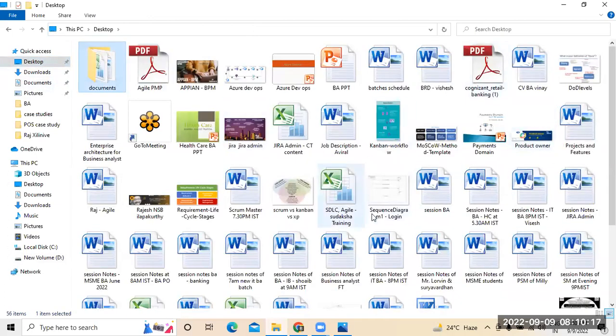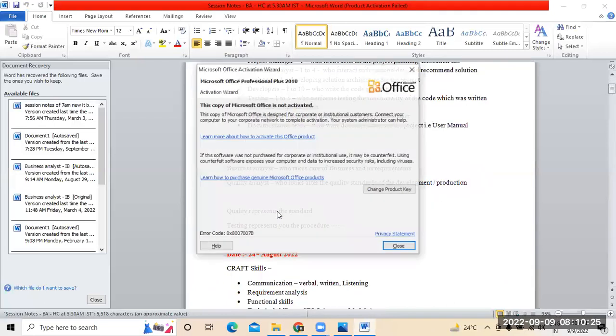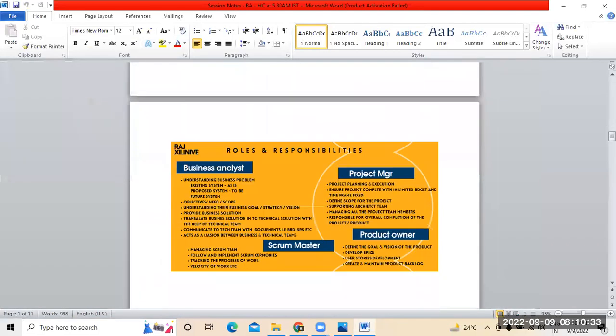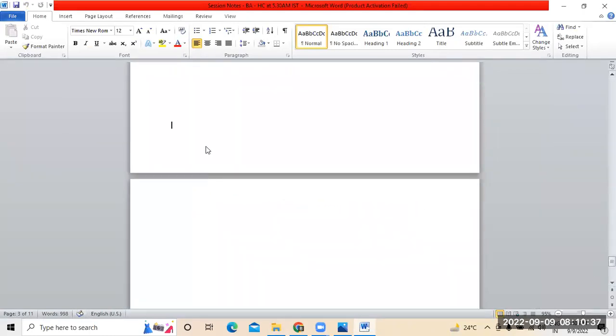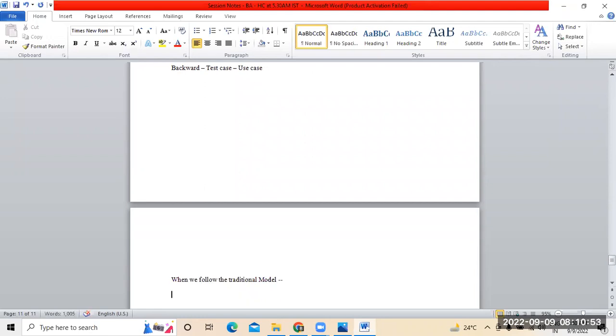So when you follow the traditional model, normally managing of requirements will be made in the form of documents preparation.